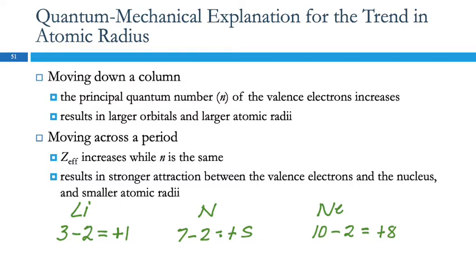So the number of core electrons is not changing, but the charge on the nucleus is changing, right? Neon has 10 protons being shielded by 2 electrons. Lithium has 3 protons being shielded by 2 electrons. So the effective nuclear charge is increasing. Higher charge pulls the electrons in closer. Does that make sense?